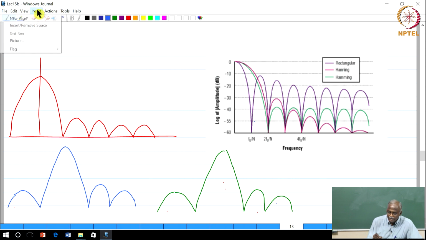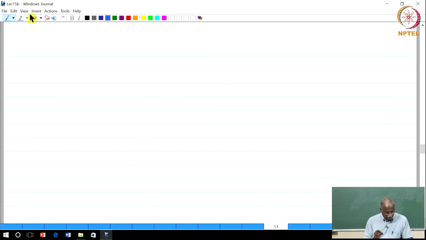Now there is yet another important result that is very important for us, and you may or may not have encountered this in the context of the assignments. It's a problem in Oppenheim and Schafer.